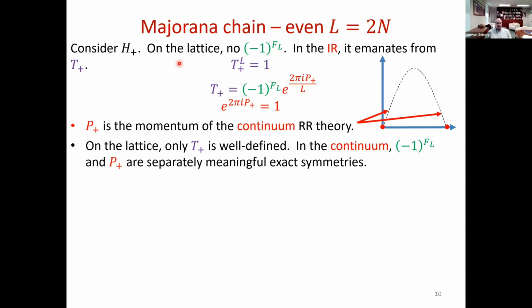On the lattice, however, only T plus is meaningful. And the reason is that for modes around here, we can't say whether they have P plus of order plus L over 2 or minus L over 2 with opposite signs of minus 1 to the f left. So in the continuum, this quantity and this quantity are separately meaningful, and they're separately exact symmetries, while on the lattice, only their product is meaningful.